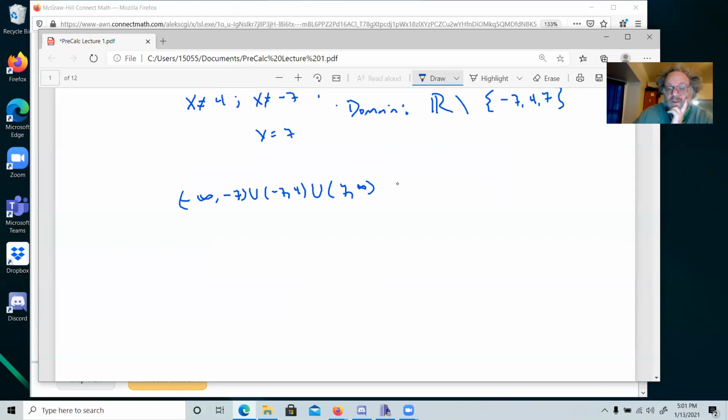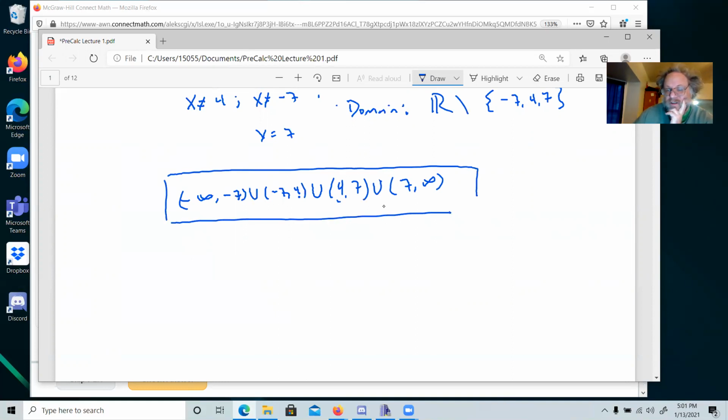So all this does is say, it's all the numbers up to negative 7, skip over negative 7, go from negative 7 to 4, skip over 4, and then go, oh, no, I missed one, hold on. This is not right. Glad I have a moment to think about that. Negative 7 to 4, union 4 to 7, union 7 off to infinity. That's better. So we go from negative 7 to 4, skip over 4, go from 4 to 7, skip over 7, and then go from 7 to infinity. That's going to be your answer as far as interval notation.